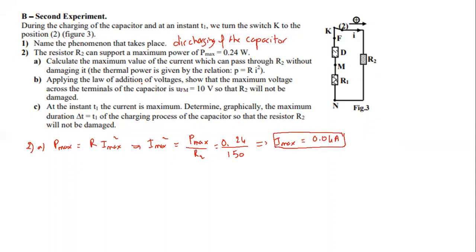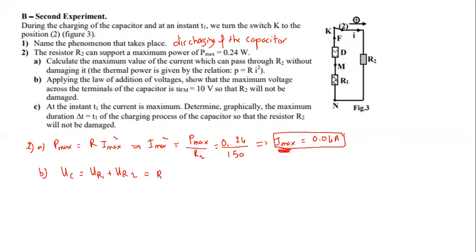Applying the law of addition of voltages, show that the maximum voltage across the terminals of the capacitor equals 10 volts, so that R2 will not be damaged. So we want R2 not to be damaged. So we'll now apply the law of addition. We have U of the capacitor equals U of R1 plus U of R2. For the resistor not to be damaged, we must have the current equal to 0.04.